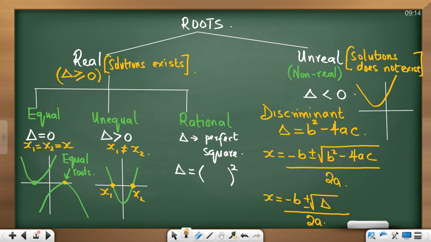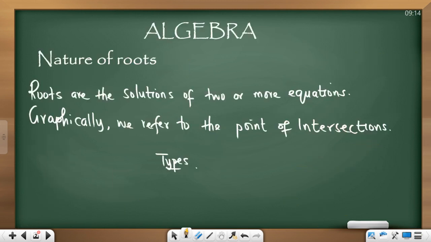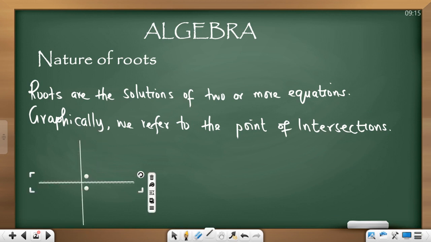Now, I'm hoping somebody would ask a question because, guys, I want you to understand this right from the beginning. Permit me to go back just a little on the first page. Roots are the solutions of two or more equations. And graphically, please check this.